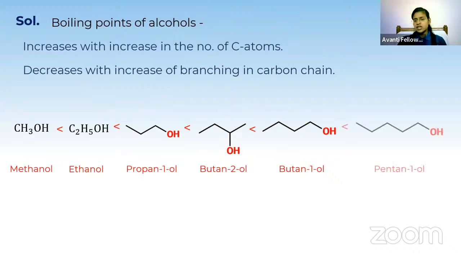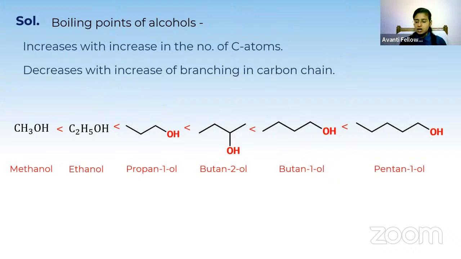And lastly, we have a 5-carbon containing system, pentan-1-ol. Pentan-1-ol will have the highest boiling point value compared to the others. Okay. So this is all about the physical properties of alcohols and phenols also, boiling point and solubility.